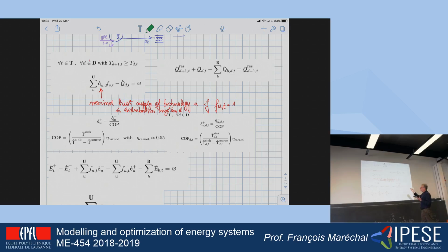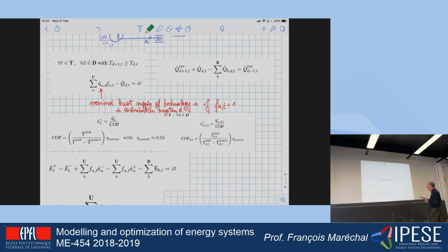The advantage of it is that now I can make a link between the heat that is supplied and the electricity that is consumed. So now I can also write an electricity balance here, and the electricity balance includes the contribution from the different units. And I'm also considering the fact that it's possible that I will have units that are going to produce electricity. For example, here I have a gas turbine for the moment that is producing electricity if it is operated.